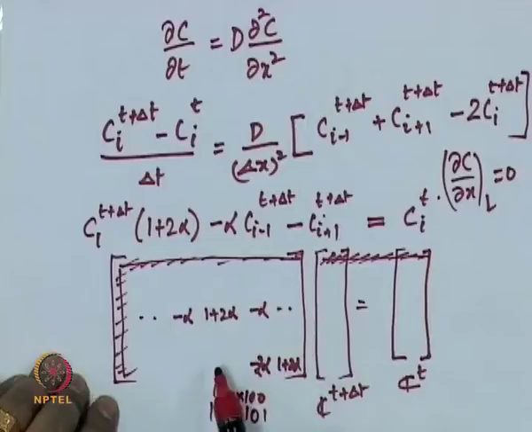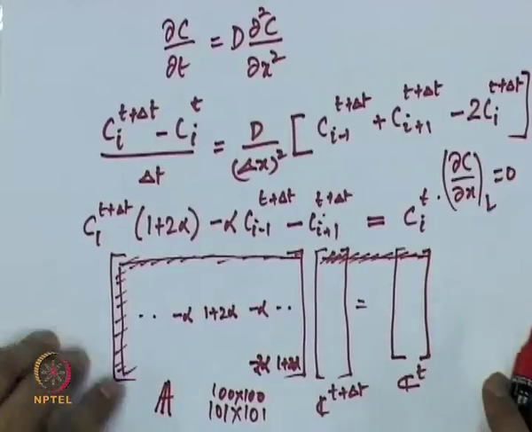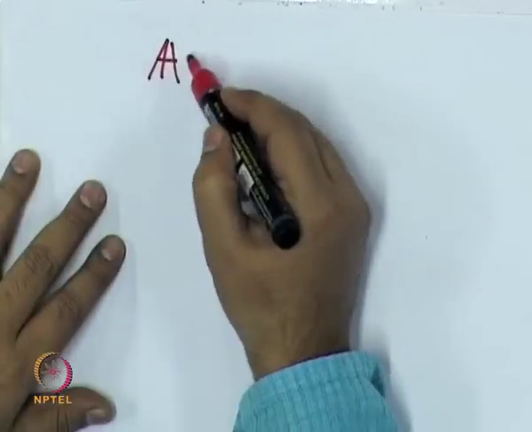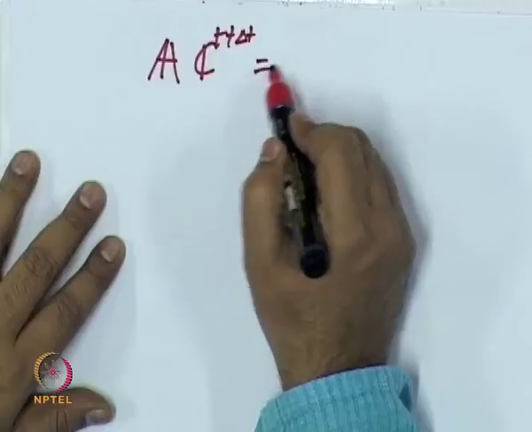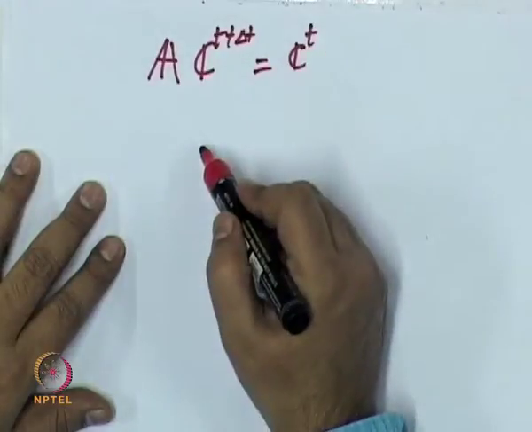So, if you do this, let me call this matrix some A matrix, then in terms of a matrix equation we have the following. It says A matrix multiplying C at t plus delta t is equal to C at t.